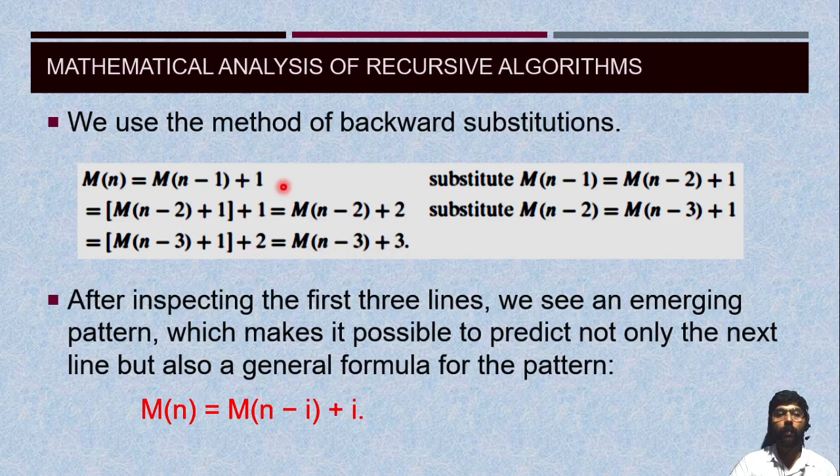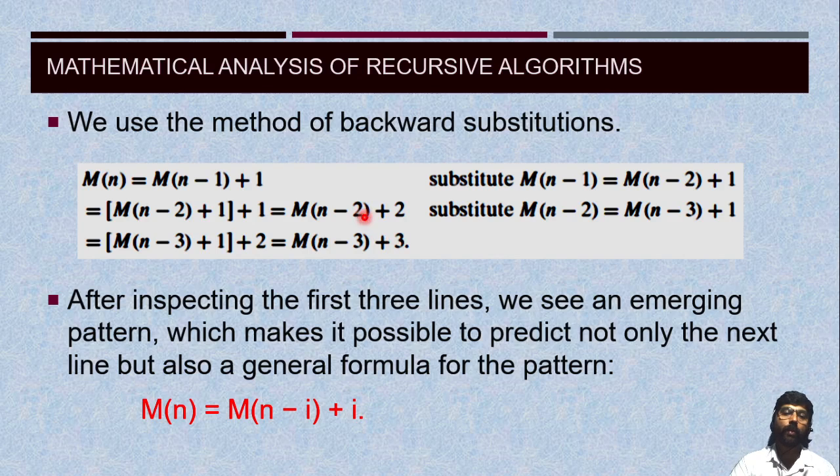If you look properly, a pattern is created: m of n minus 1 plus 1, m of n minus 2 plus 2, m of n minus 3 plus 3. The second part increases from 1 to 2 to 3, and the subtracted term also increases.